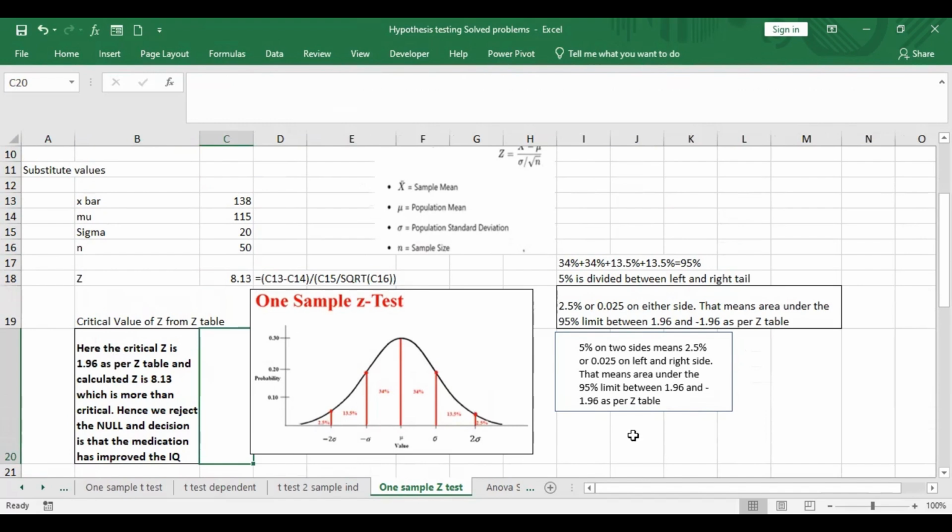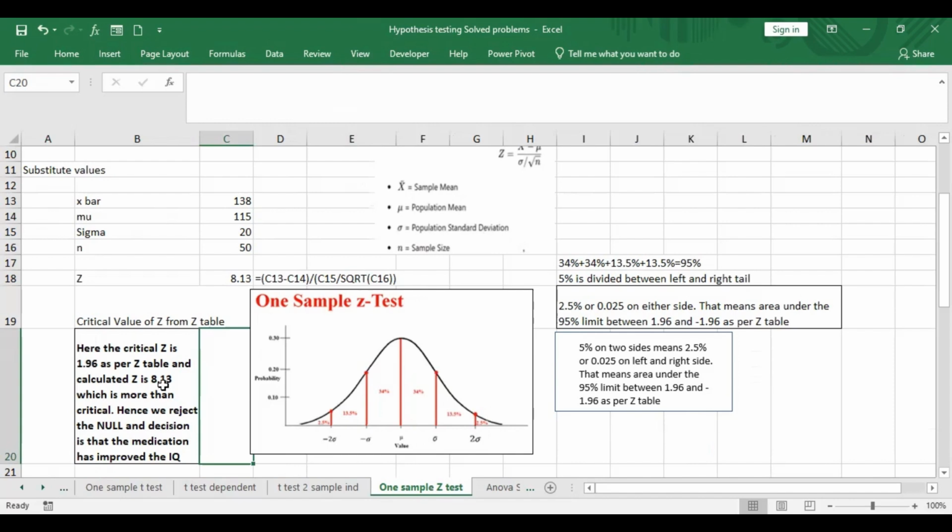So remember that for 95% significance, the critical Z will be 1.96. That is because 2.5% is on this side and 2.5% on this side. So 95% will fall within this one. And as per the Z table, you'll find that this is 1.96 and this is minus 1.96. That is assumed that you know about it.